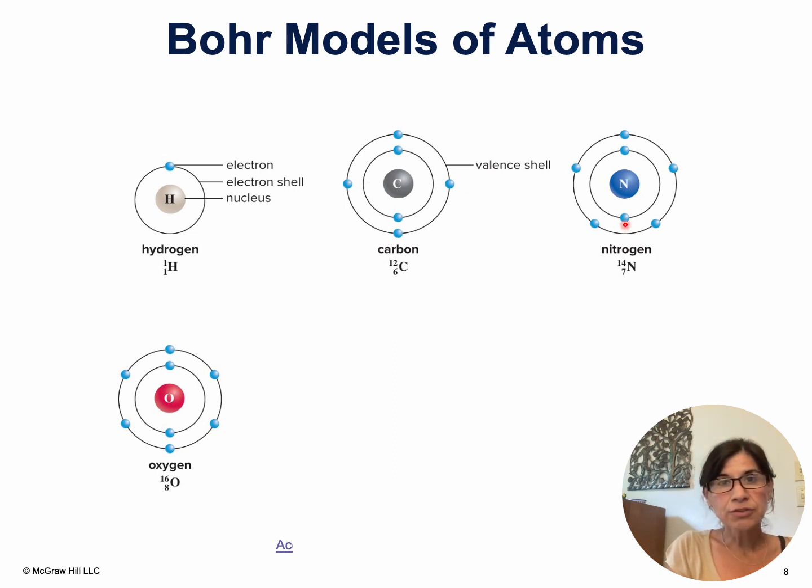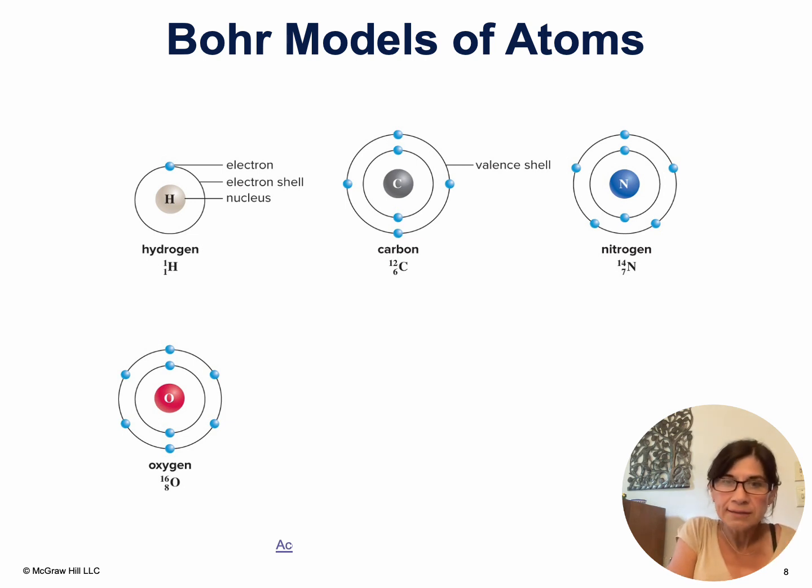Nitrogen has 2 in the first and 1, 2, 3, 4, 5 in the second. You can see the symbol N. The atomic number is 7, that's the number of protons and hence the number of electrons: 2 in the first, 5 in the second. It would like to have 3 more. Oxygen, its atomic number is 8: 2 in the first, 6 in the second. It would like to have 2 more.